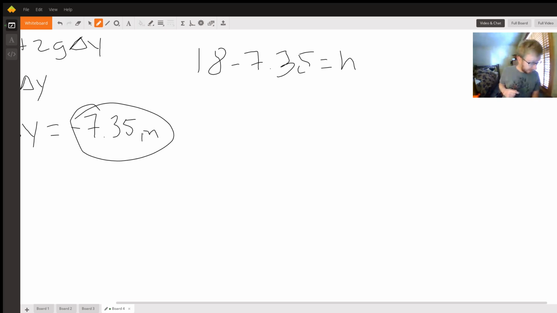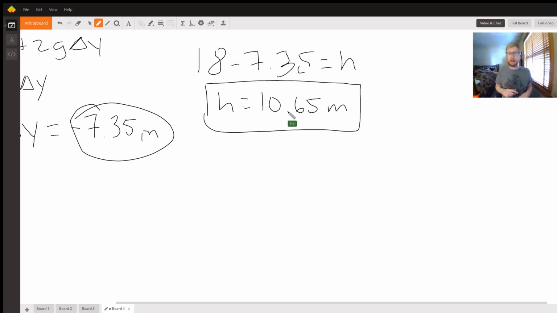So I get a height of 10.65 meters. And again, that's how high above the ground it is, not how far it's fallen. How far it's fallen is this 7.35.